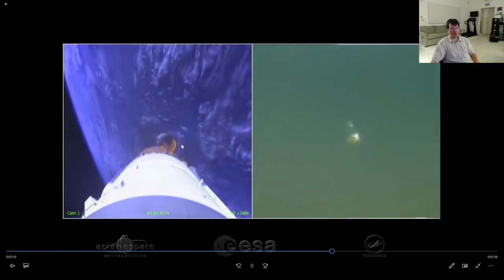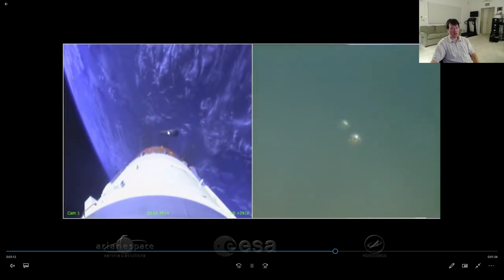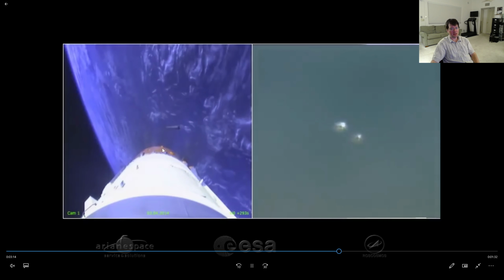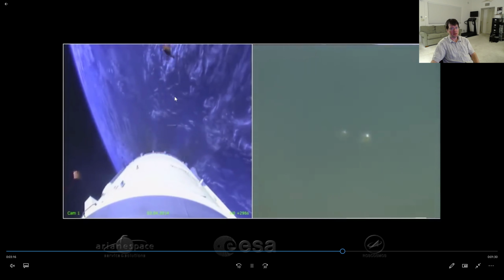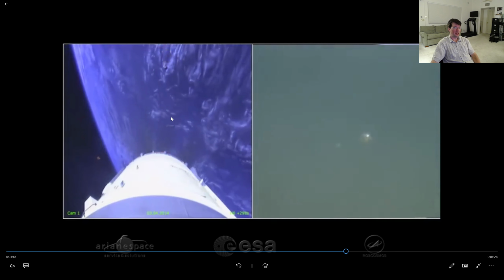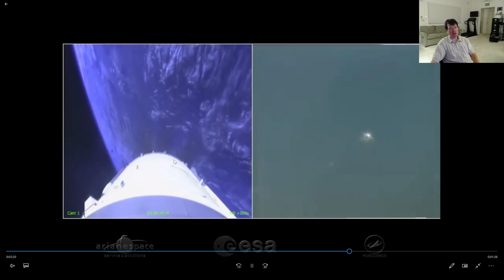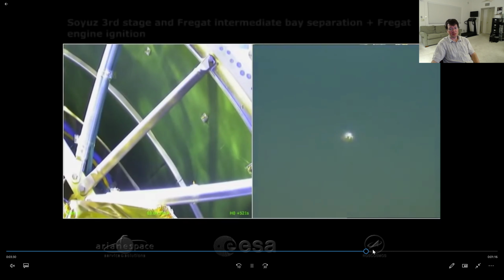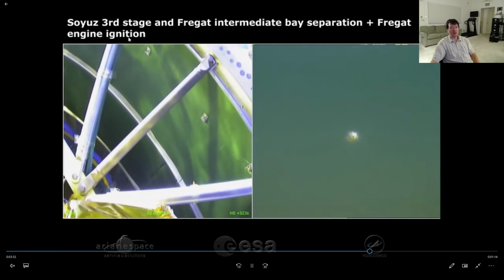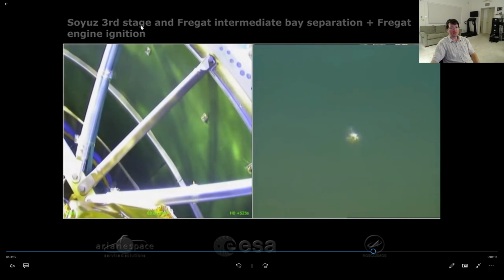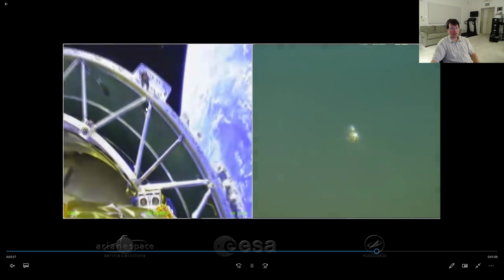So, boom. There goes the previous stage. There's still the adapter here, I believe. Yep, there it goes. The adapter, again, is all extra structural weight, and the new nozzles that are being used, again, structural weight. You can see here, I believe, the third stage and bay separation.